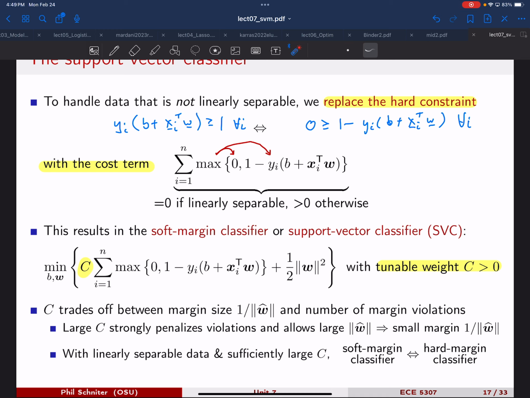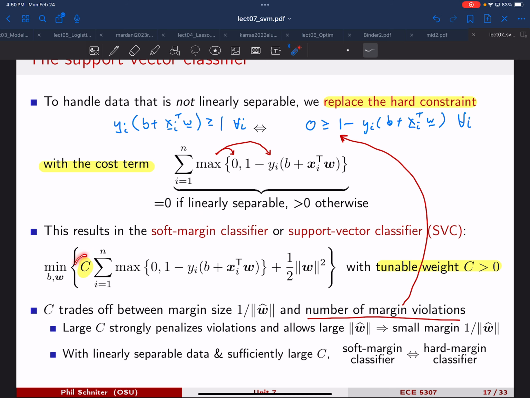So that's the trade-off. Here's the number of margin violations. What I mean by that is that a margin violation would be some place where this inequality is violated. If there are no margin violations, that means we know that this cost is 0.